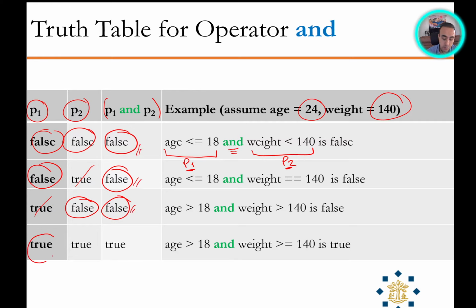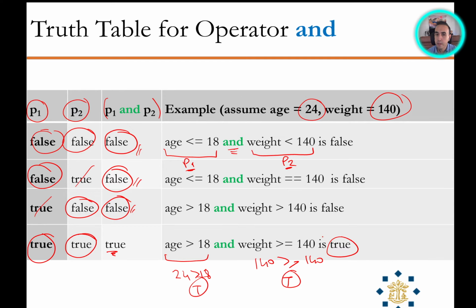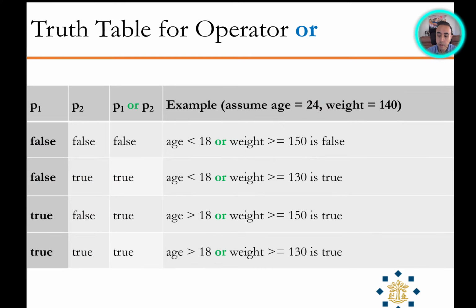Only when they are both true will the ending proposition be true. For instance, 24 greater than 18 is true, and 140 greater than or equal to 140 is true. True and true is true, okay? So it is logical, but you would have to see it on a truth table.